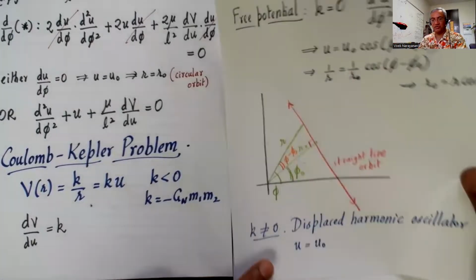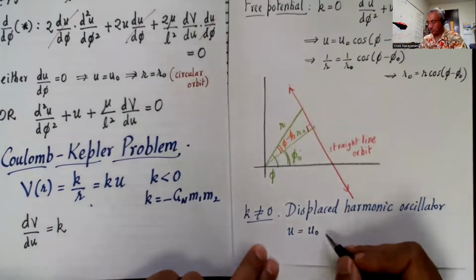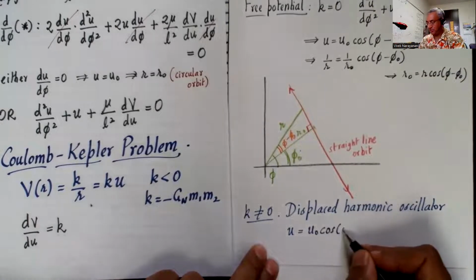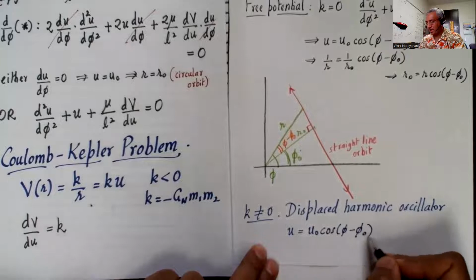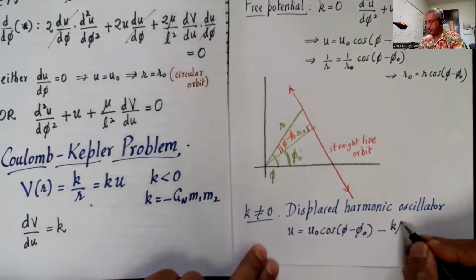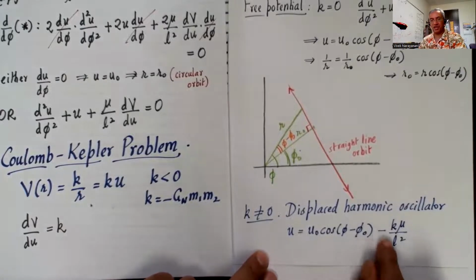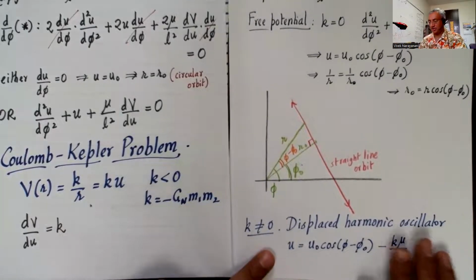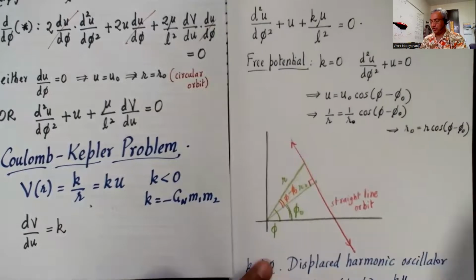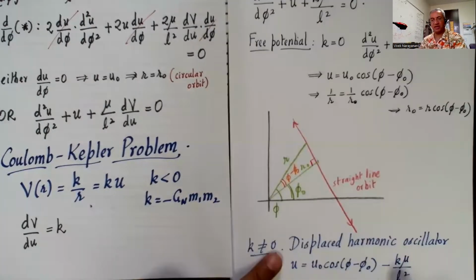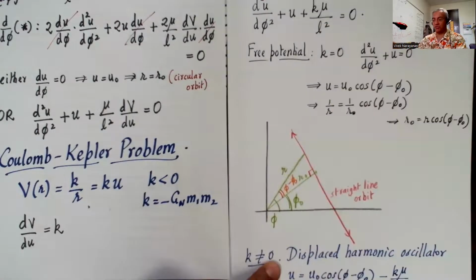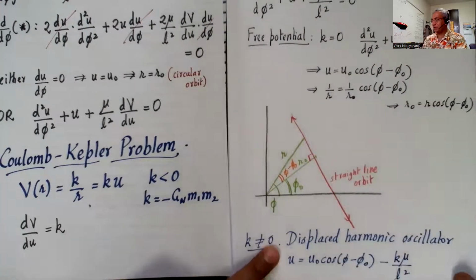So the solution is u equals u naught cosine, same as the free particle, except you add the particular solution, K mu over L squared. Let's verify it. When I differentiate this 2 times, I lose that, plus u, which has got negative K mu over L squared, plus K mu over L squared is equal to 0. Indeed, it works.